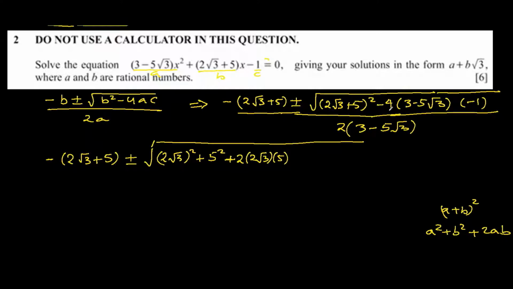This bracket is opened. Now we will open this one. Minus 4 times 3 is minus 12. Minus 4 times minus 5 is positive 20, and there is a square root 3 also. And this minus is multiplying with this whole bracket and minus 4. That means it will make this bracket positive. So this becomes, rather, let me redo this.